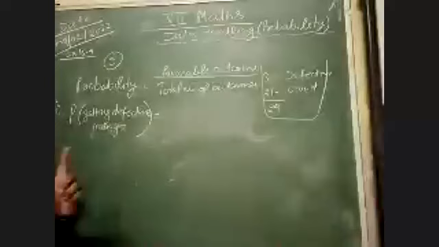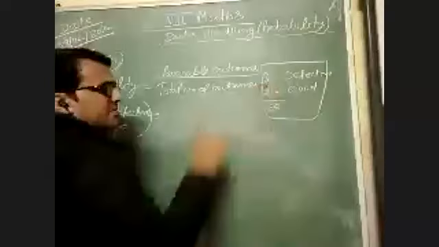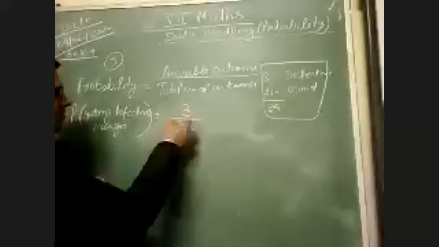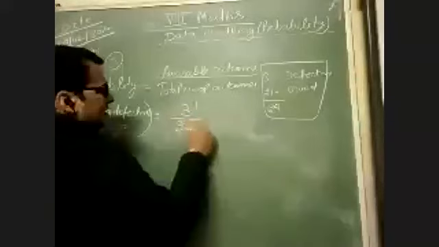It means there are 3 favorable outcome. मीन्स आप 3 ही डिफेक्टिव मैंगो में से कोई भी एक मैंगो फाइंड आउट कर सकते हैं. सो फेवरेबल आउटकम्स आर 3 and total number of outcomes, since total mango in this box are 24, so total number of outcomes will be 24. Now you have to reduce this term. It means that this will be the probability of getting defective mango.